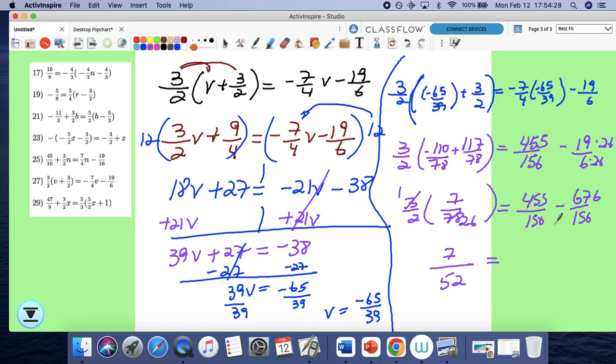So, 78 divided by 2 equals 39. 39 times 3 is 117, so I'm okay there. 7 times 65 is 455, 4 times 39 is 156. 6 times 26 is 156. 19 times 26, it is 494.